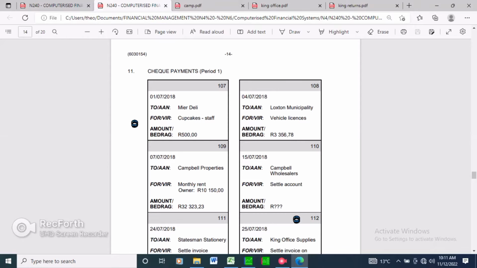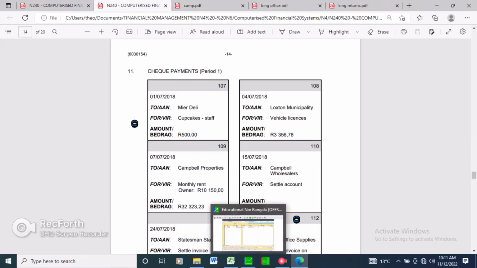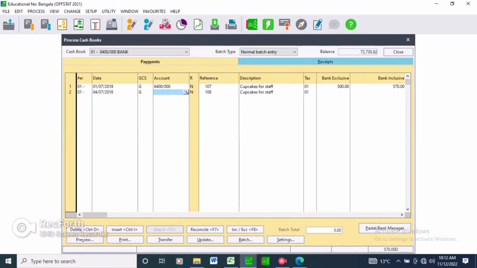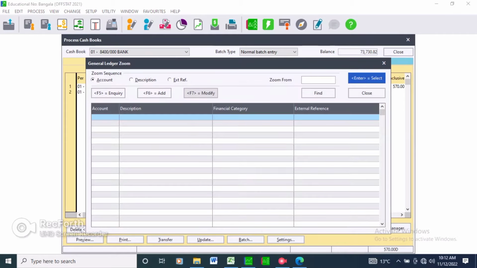You can record this under vehicle at cost, guys, because we are paying for vehicle licensing to the Russian municipality, right? Vehicle at cost, motor vehicle cost, motor vehicle expenses. Okay, cool, still fine.